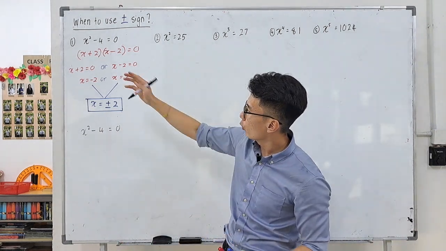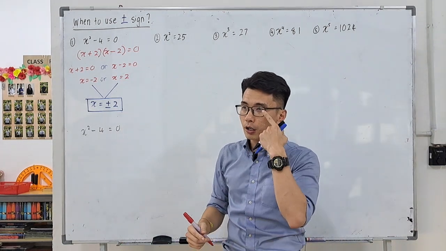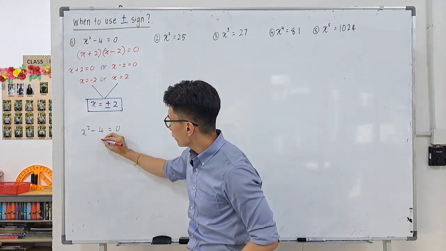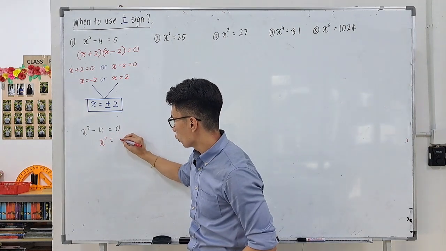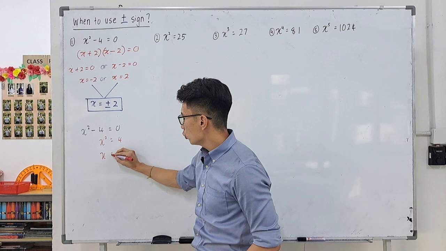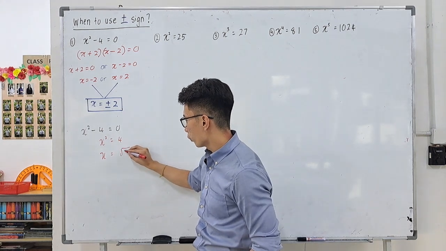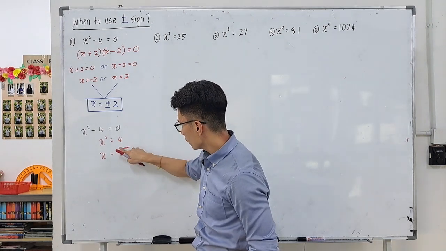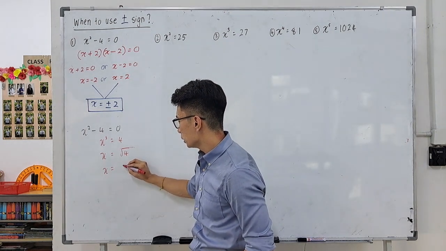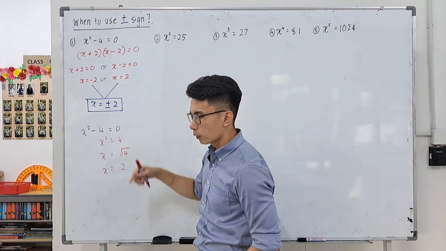Now, if I do not want to use difference of squares, I can just simply write x squared is going to equal 4, right? All you can do right now is to square root 4, and the square root of 4 should give you the answer of 2 over here, right?